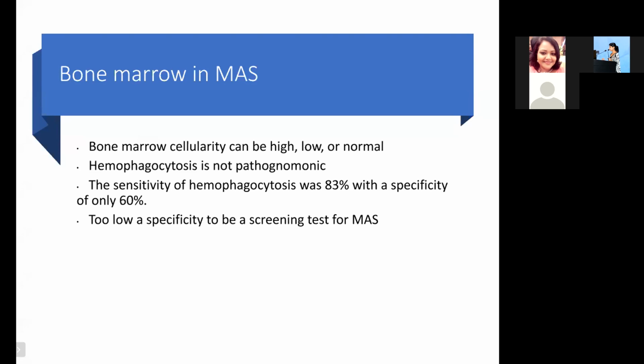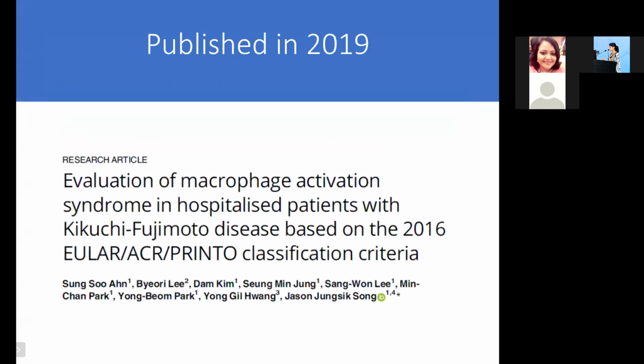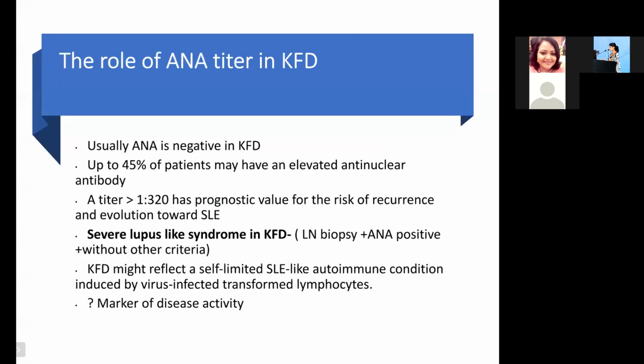The sensitivity of hemophagocytosis is 83% with a specificity of only 60%. So this is one research article published in 2009 in Korea, which evaluated macrophage activation syndrome in hospitalized patients with Kikuchi's disease, depending on the HLH classification criteria.